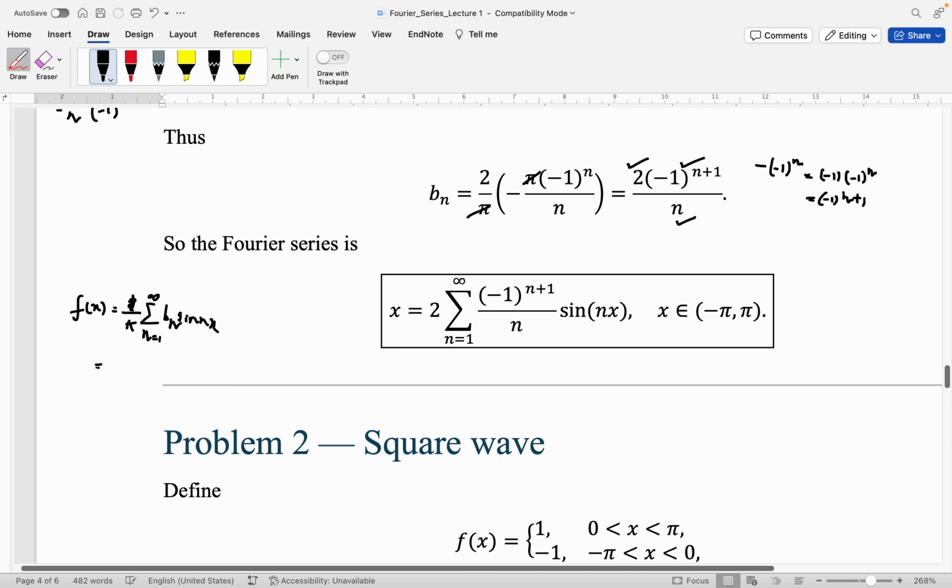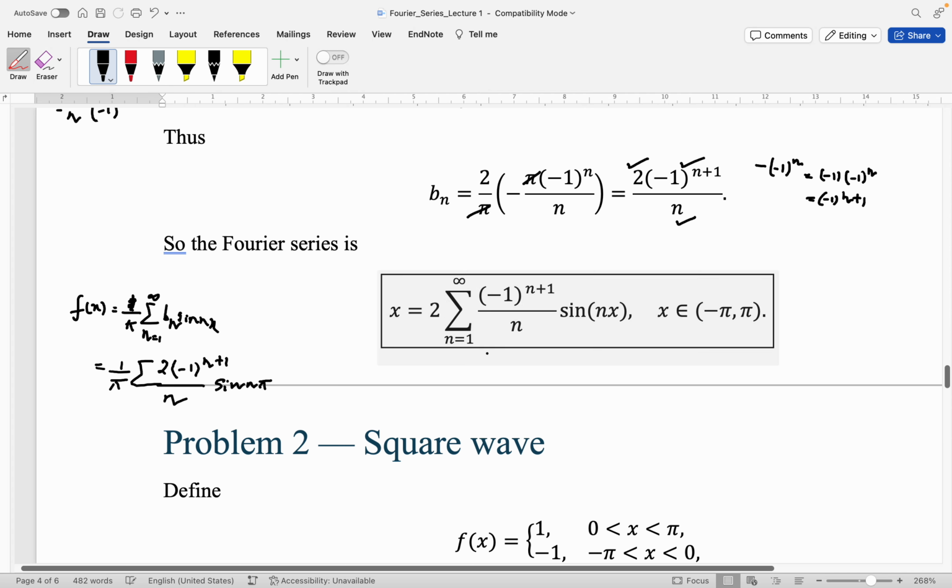So that means this would be nothing but equal to 1 divided by pi summation bn. So bn we have just now calculated as this, so we will put it as 2 minus 1 to the power n plus 1 divided by n into sine of nx.